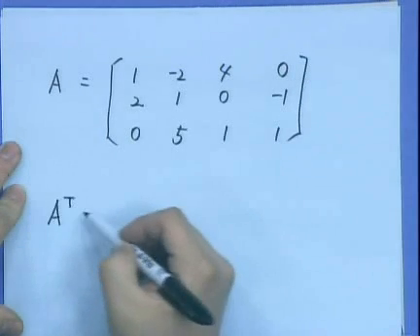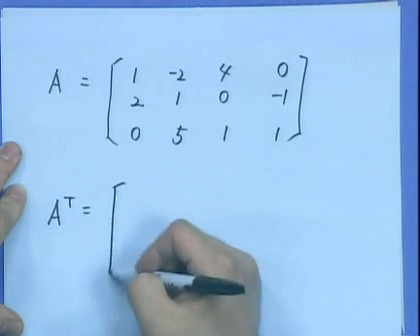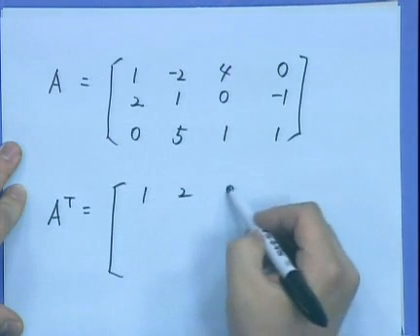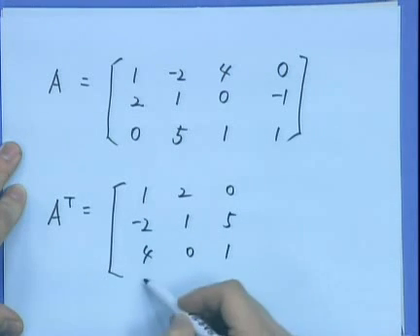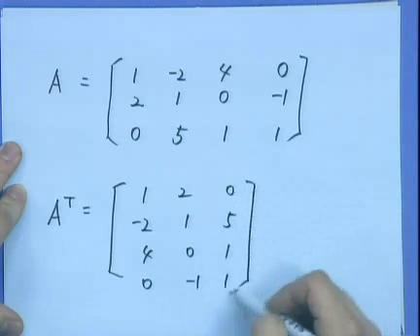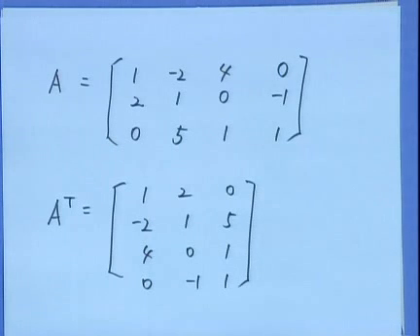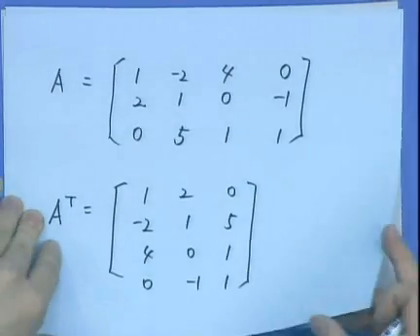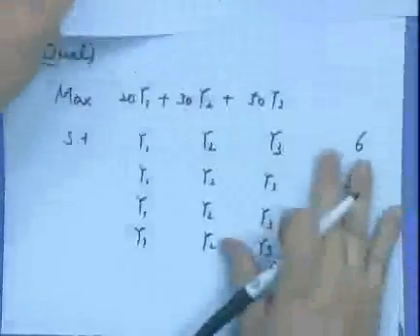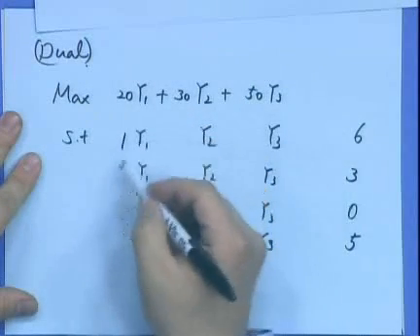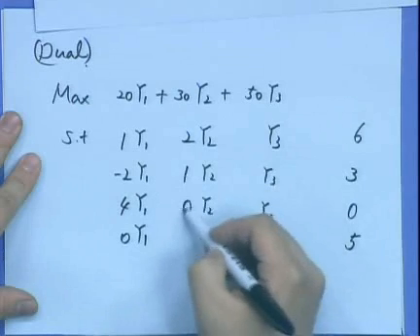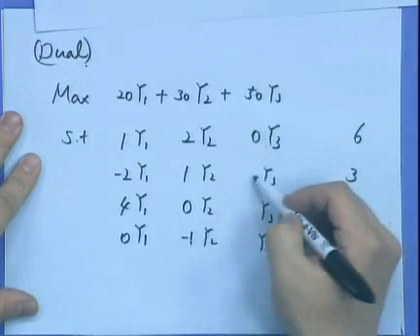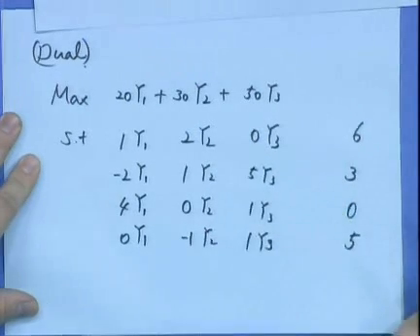Which means the A transpose matrix, which is 1, 2, 0, negative 2, 1, 5, 4, 0, 1, 0, negative 1, becomes the constraint coefficients in the dual problem, right? So let's just fill in those values: 4, 0, 2, 1, 0, negative 1, 0, 5, 1, 1, right?